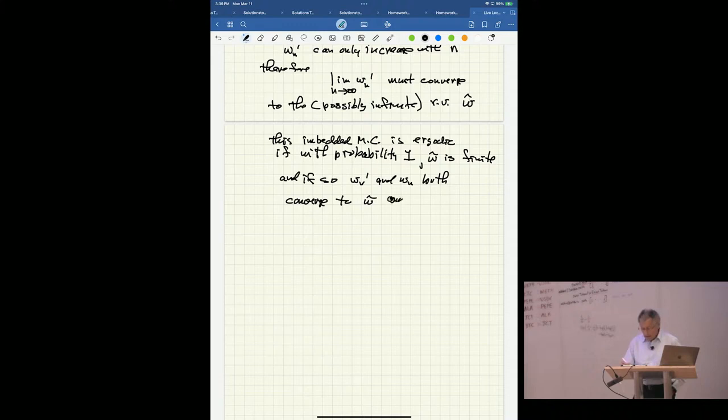And then the distribution of W is the waiting time distribution itself that we're after.